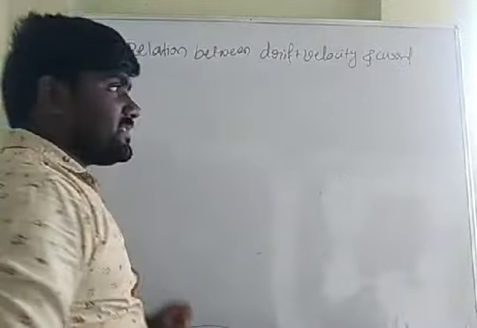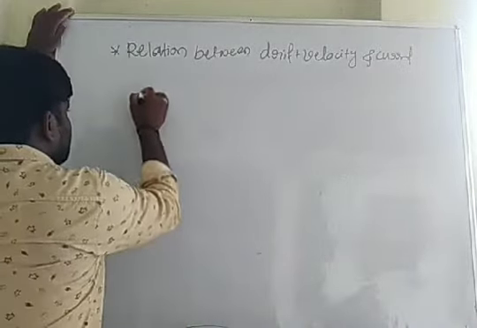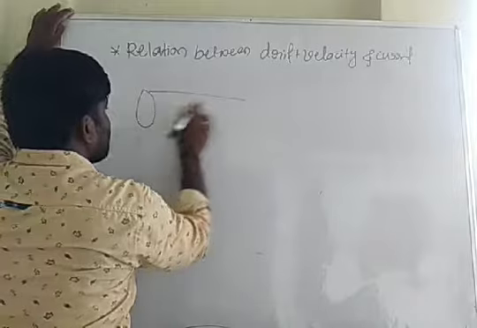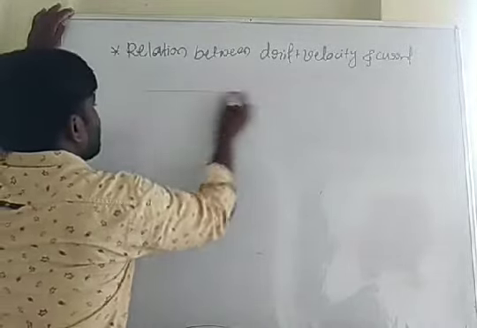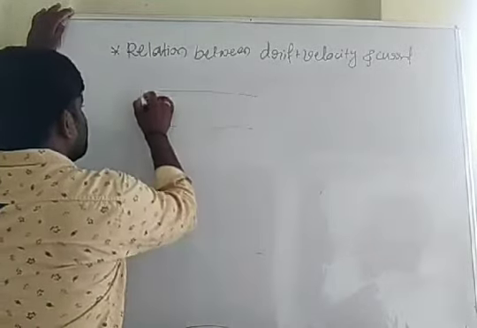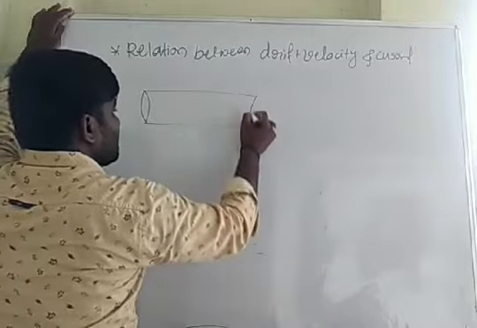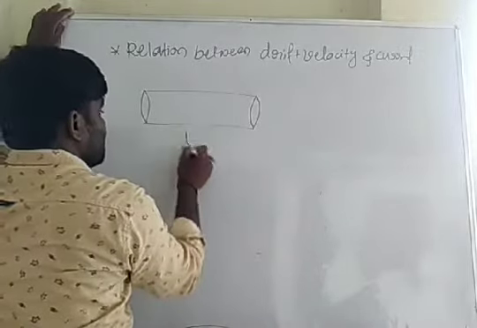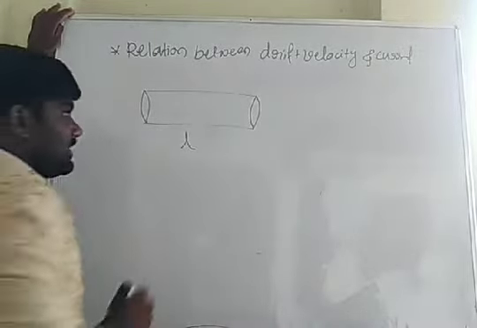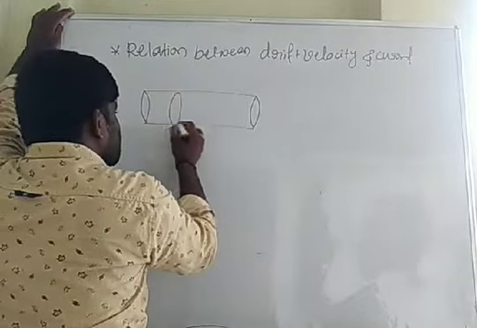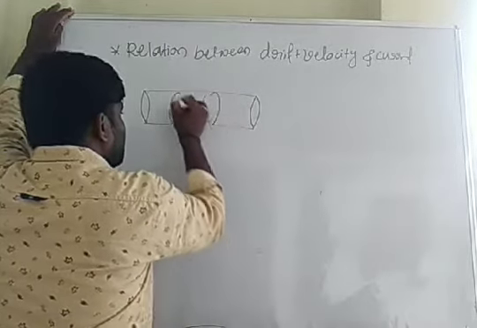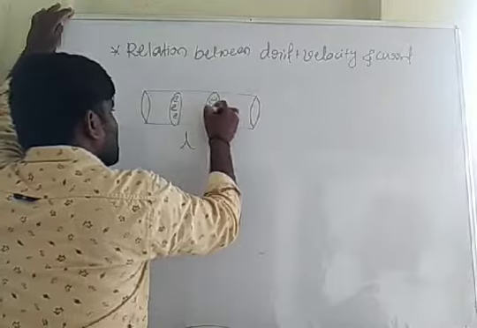See, let us consider a cylinder. Length of the cylinder is taken as L. I am taking a cross sectional area over here. It has a lot of electrons.